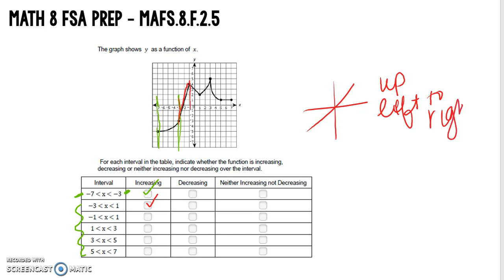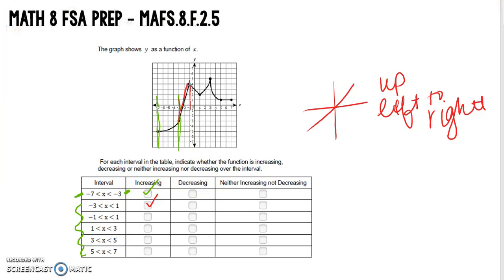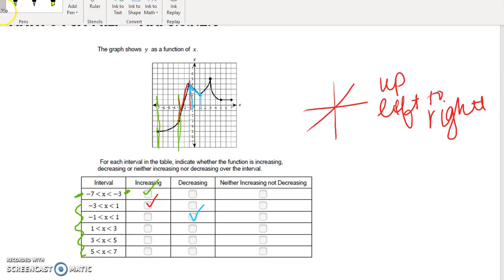So it is going up from left to right. Okay. Our next interval from -1 all the way over to +1, that is decreasing, right? Decreasing because it's going down from left to right, just like when we interpret slopes.